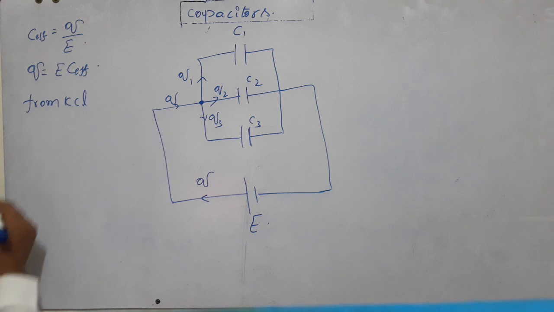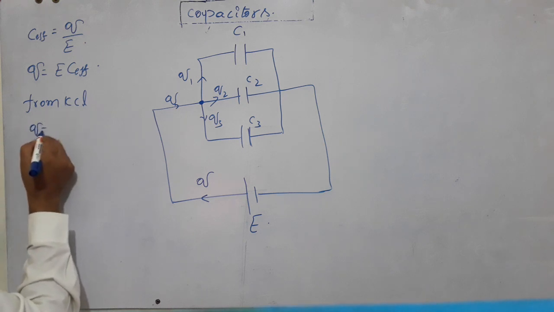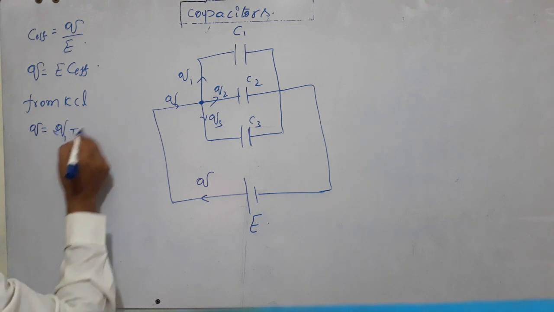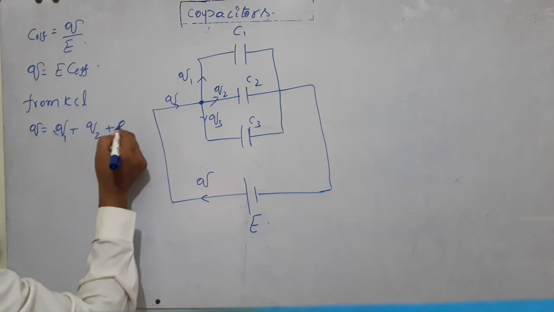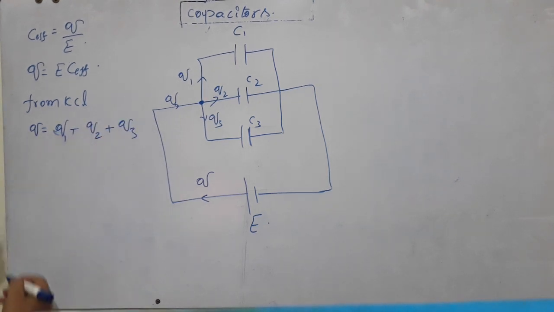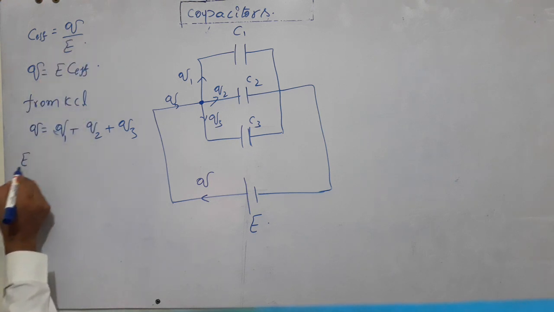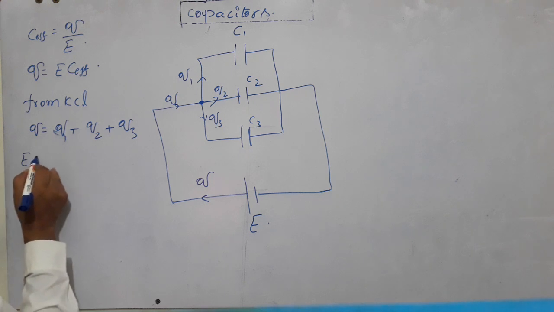According to KCL, you can take Q is equal to Q1 plus Q2 plus Q3, and Q, as we have already known, is E into C effective.